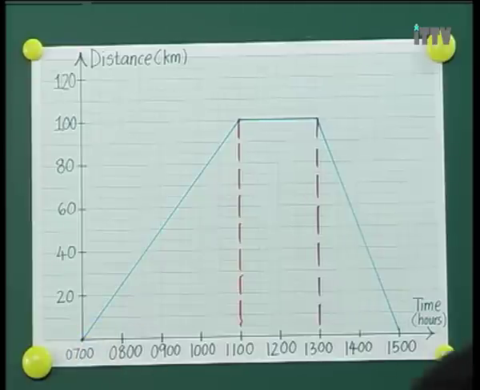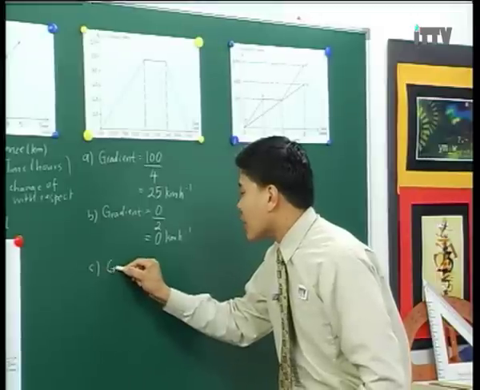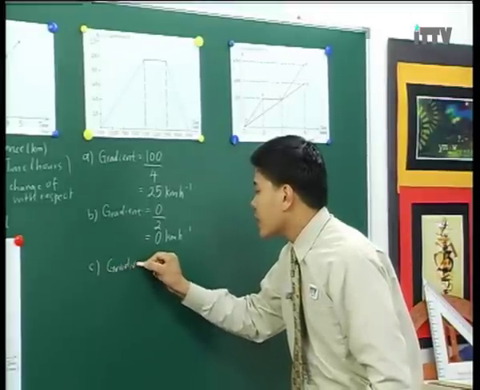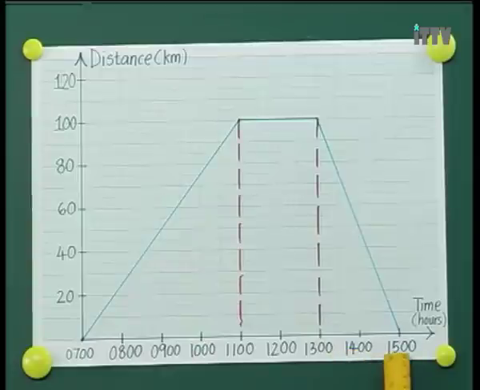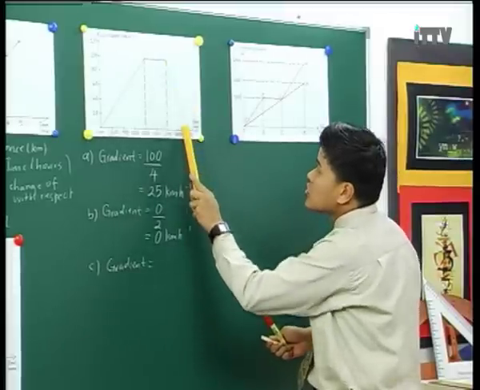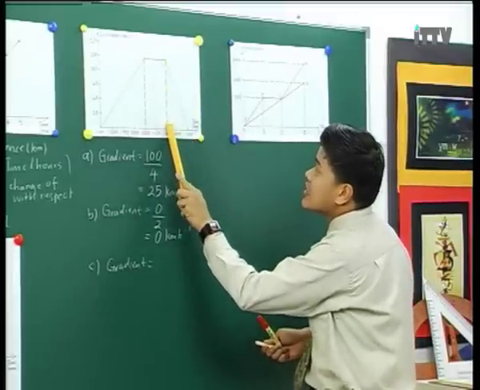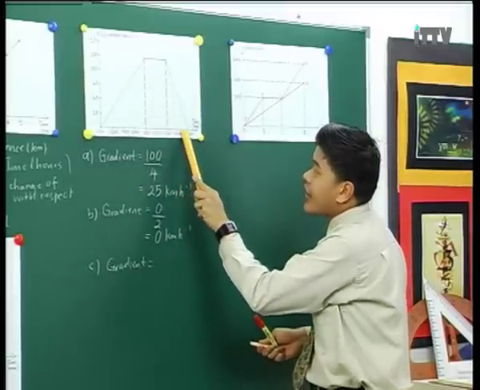And lastly, the speed or the gradient for this car from 1 o'clock to 3 o'clock, or from 1300 to 1500 hours, is the same thing. Remember, vertical distance, because this is the right angle triangle now.